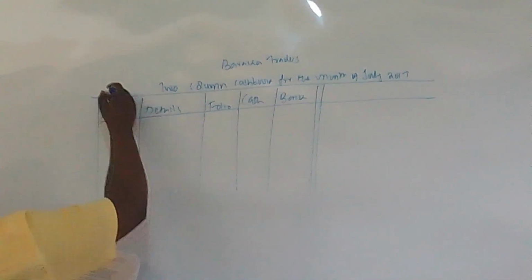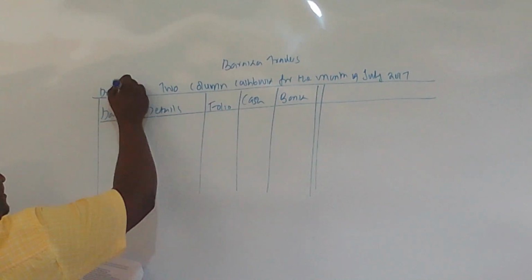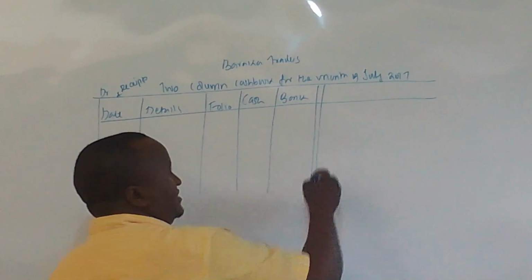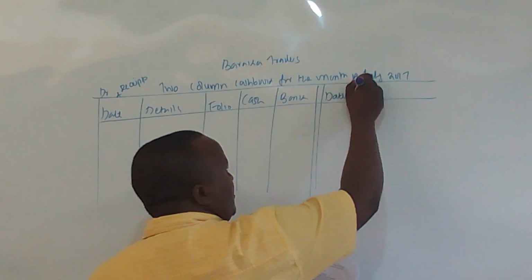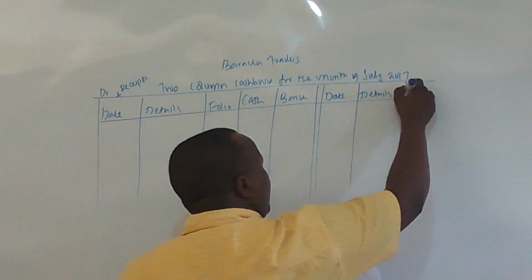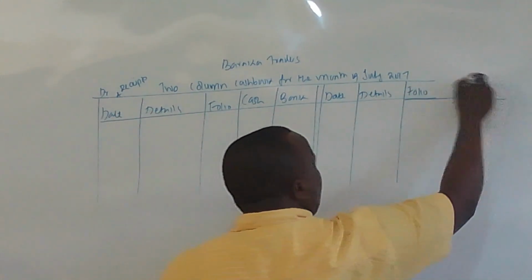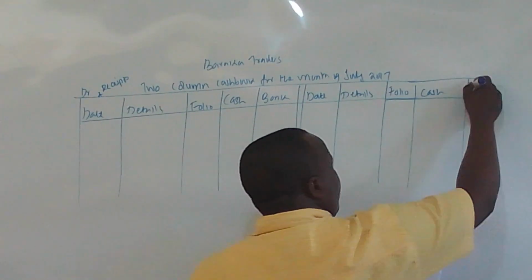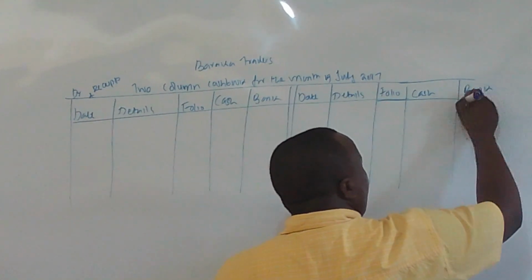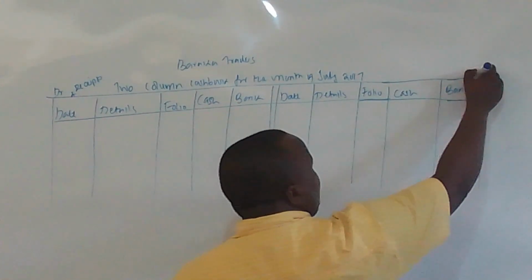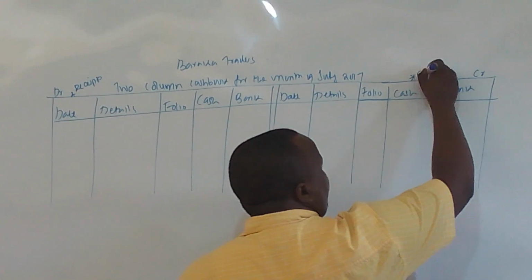So this side is the debit side, where we are recording the receipts, the amounts that we are receiving. Start again with date, details, folio, then cash, then bank. And this side you say is a credit, and we record the payments.